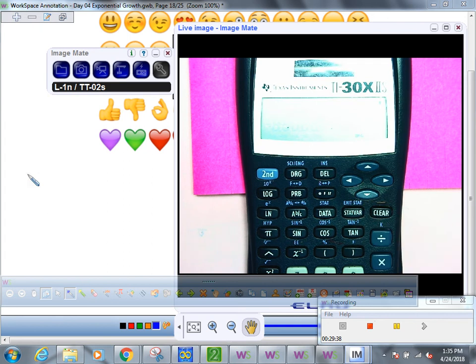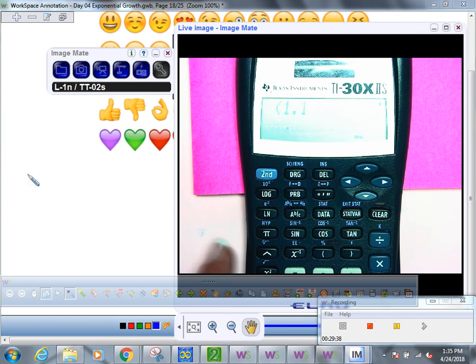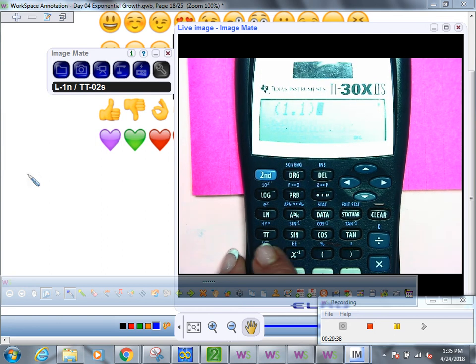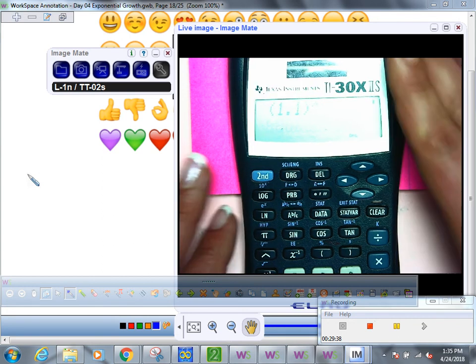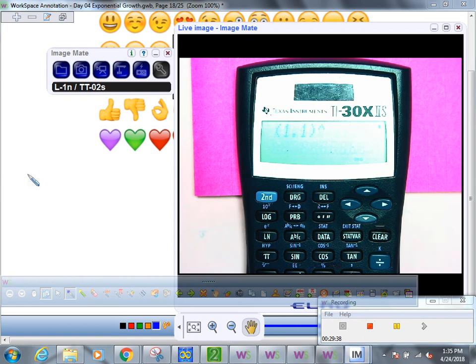So I'm going to do a parenthesis, and I'm going to do 1.1, and end parenthesis. I'm going to use that little caret symbol. Can you guys see it on there? Better? Can you see it now? Okay.